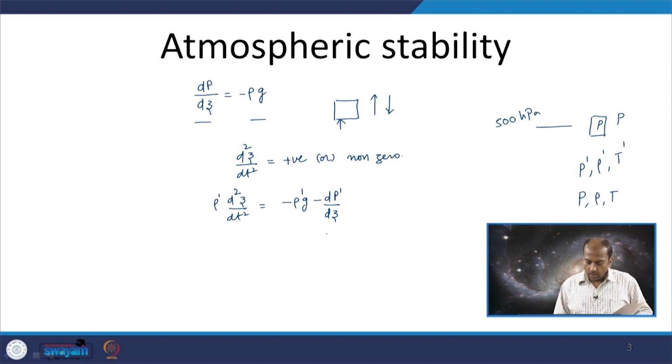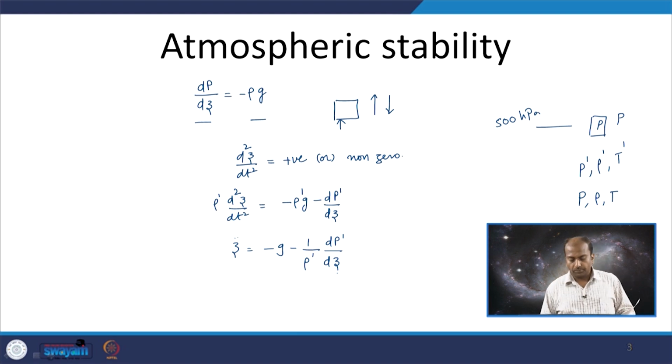Now, if we write in simple terms, z double dot equals minus g minus 1 by rho prime dp prime by dz.